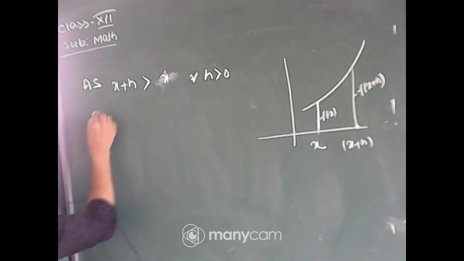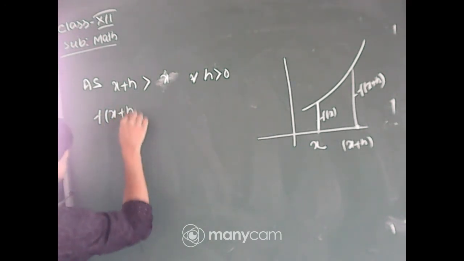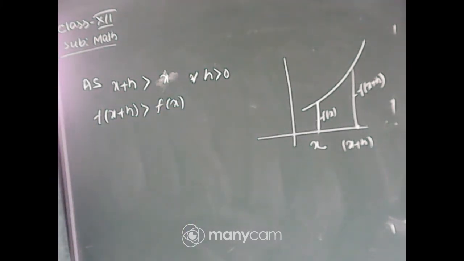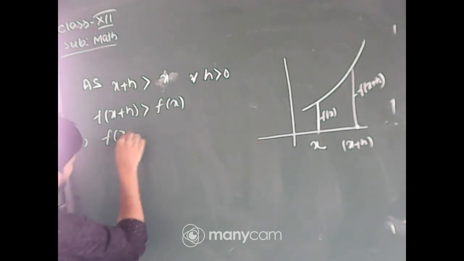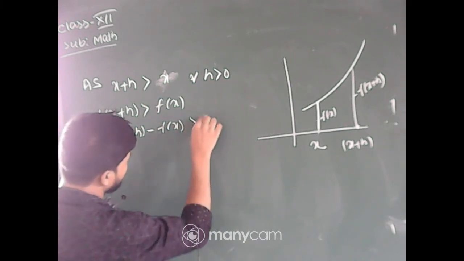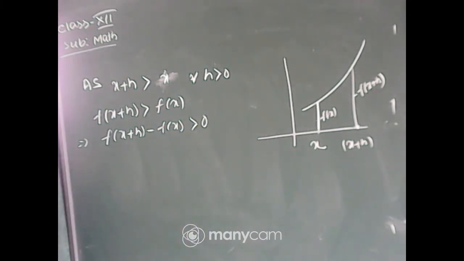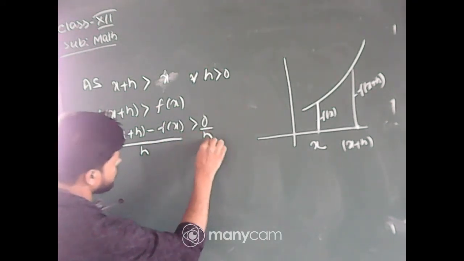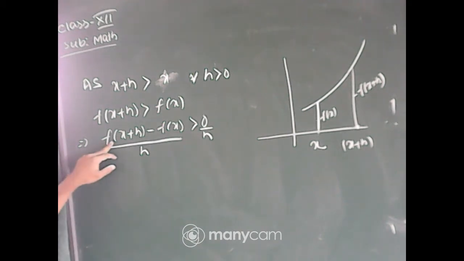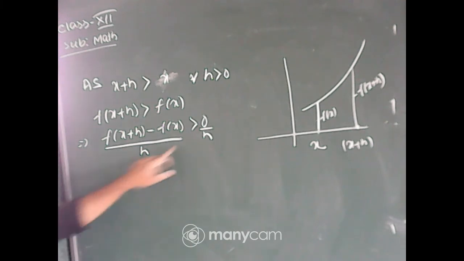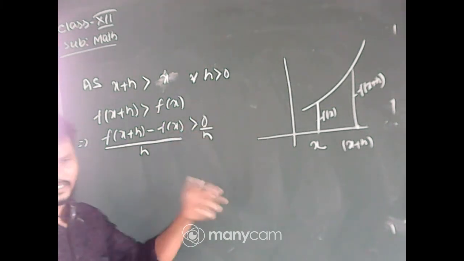Okay, so f of x plus h will be greater than f of x, isn't it? Now do one thing, from here we can write f of x plus h minus f of x is greater than 0. Now divide both sides by h. So the left hand side will be f of x plus h minus f of x by h, and the right hand side will be 0 by h, means 0.